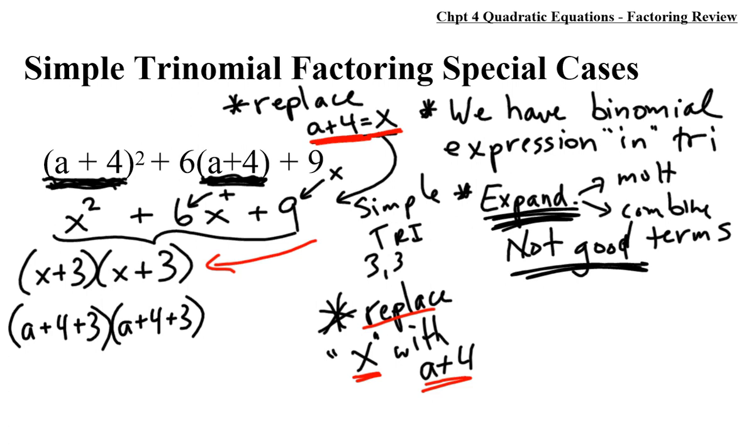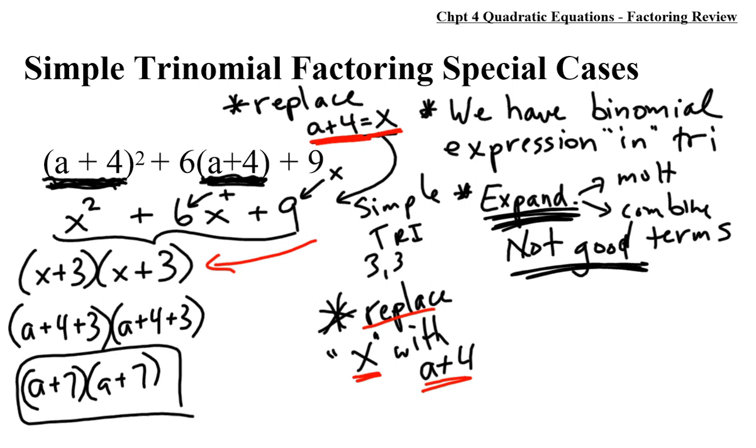We want to keep it in factored form. So our factored form here is a plus 7 times a plus 7. And there is what we're looking at as a factored form here. So there's the factored form for what we started with.